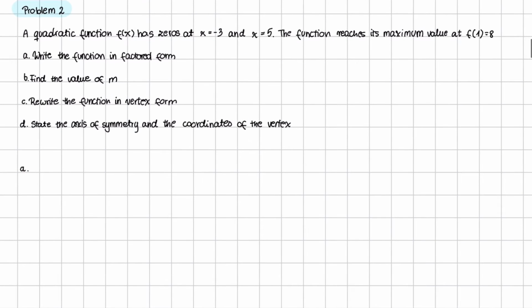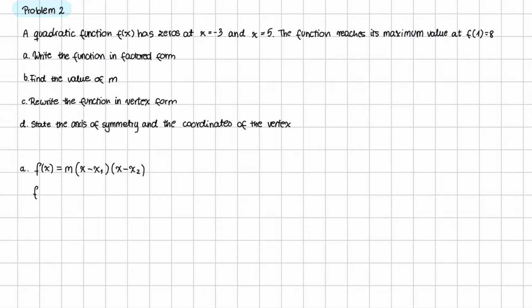And in order to do this, we have to keep in mind how our factored form of the function looks like. So it is f(x) equals m, so the gradient. Now in bracket, x minus x1, so our first zero of our function. And in second bracket, the same with the second zero.